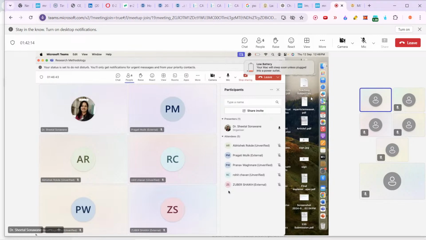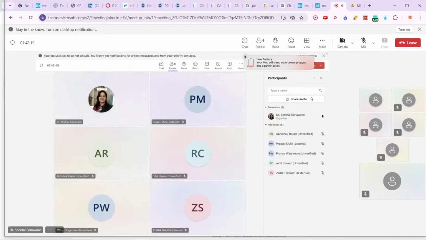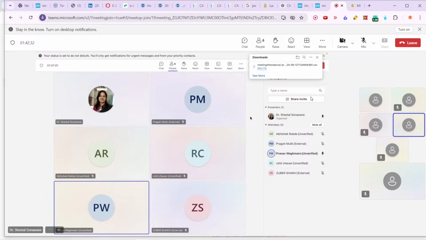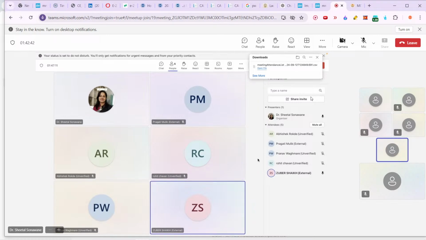Rohit, Pranav. Ma'am, 5107, computer engineering. And Zubair. Data science 09. Okay.